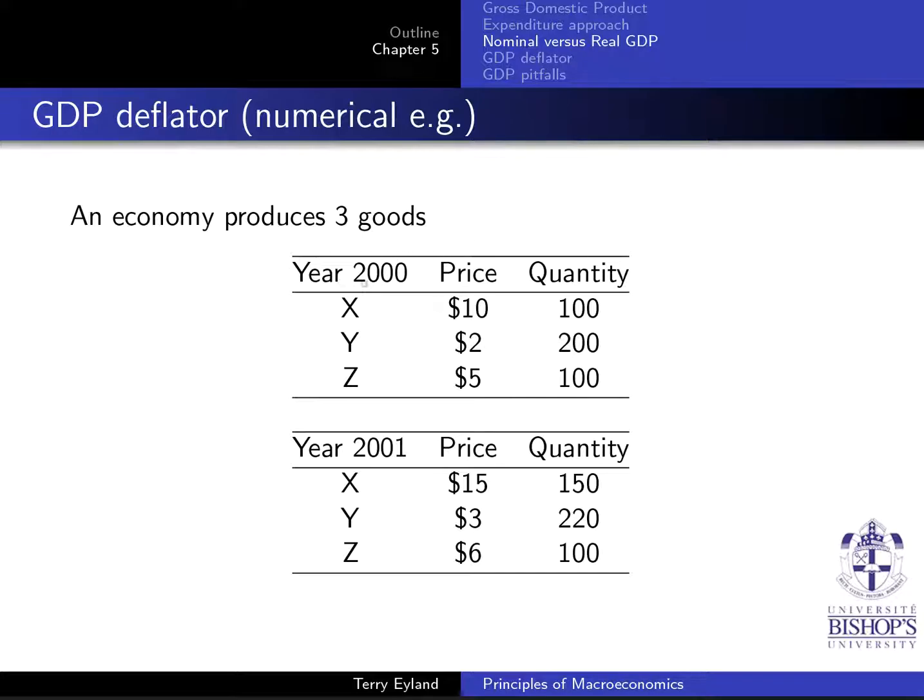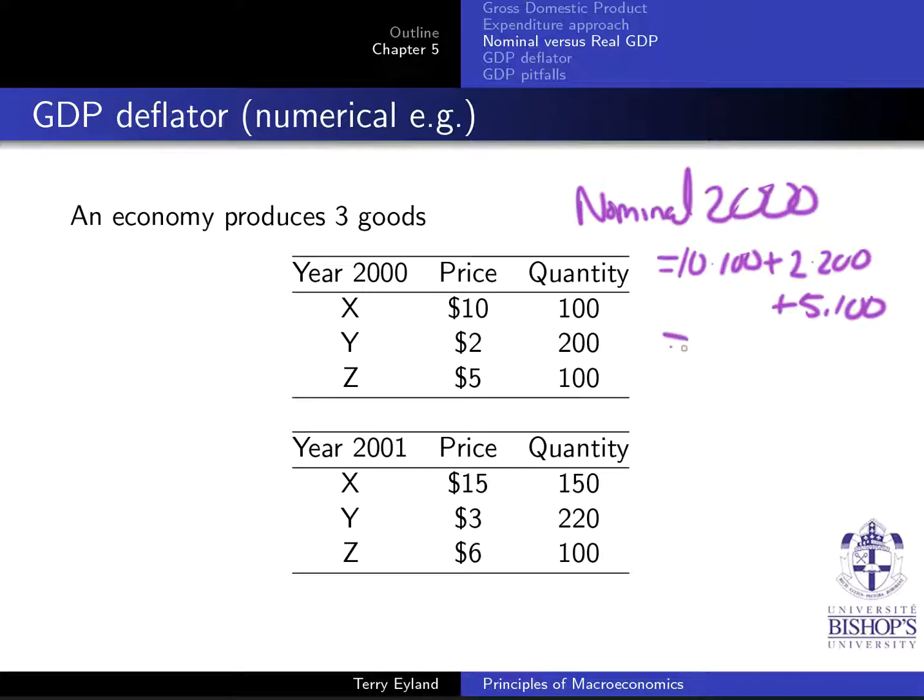So if I look at the value of these goods in 2000, this will be my nominal in 2000. What would be the total value? Well, it's $10 times 100 units plus $2 times 200 units plus $5 times 100 units. So that total amount would be 1,900.